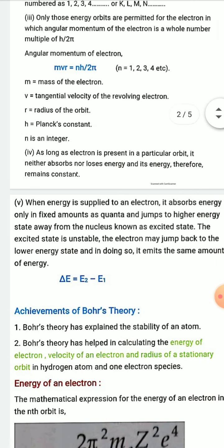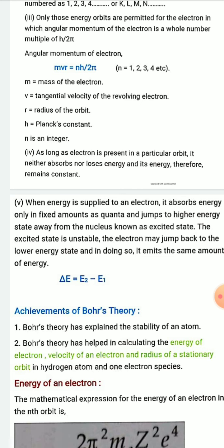And the last point of Bohr's atomic model is, when energy is supplied to an electron, it absorbs energy only in a fixed amount as quanta and jumps to a higher energy state.